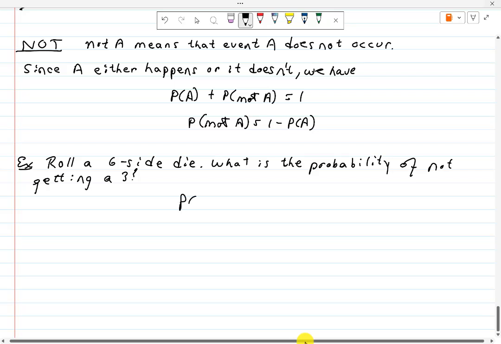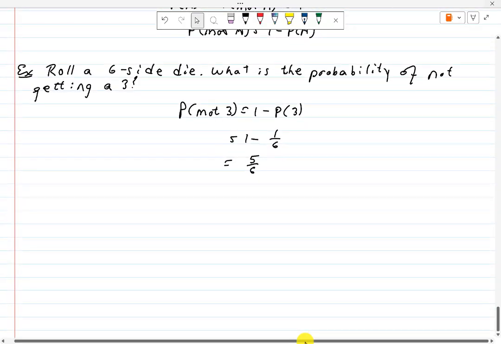So we'll use the probability of not 3 equals 1 minus the probability of 3. So here we have 1 minus, we know the probability of getting a number is equal to 1/6. So when you do this subtraction, 1 minus 1/6 is equal to 5/6.